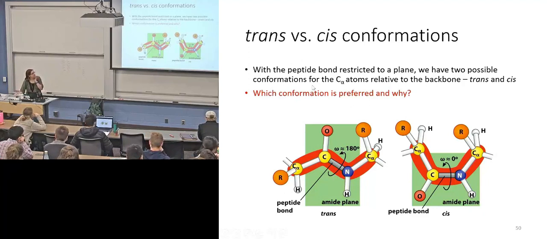It's more about orientation-wise, whether they're 0 degrees, on the same side of each other, or they're 180 apart from each other, but not because we rotated about the peptide bond. And again, I don't think I ever referred to it as omega going forward.